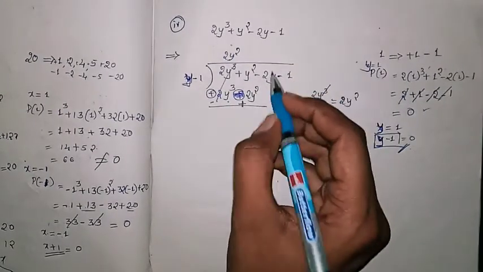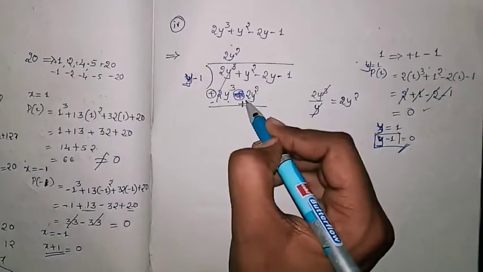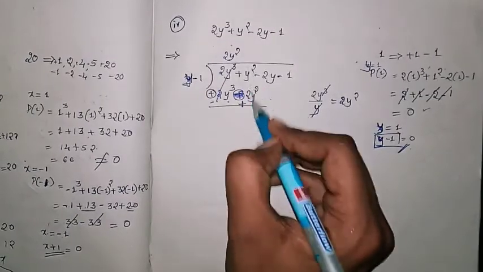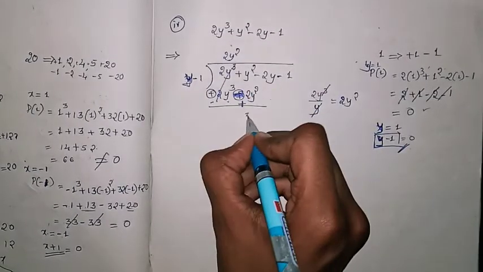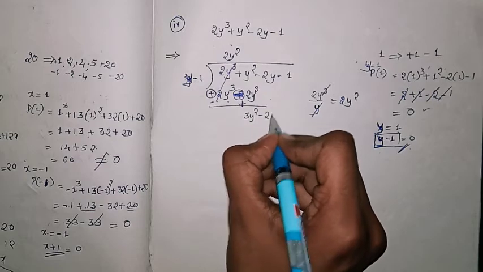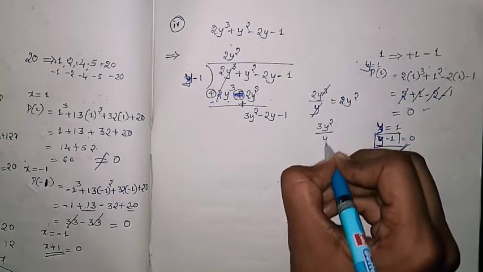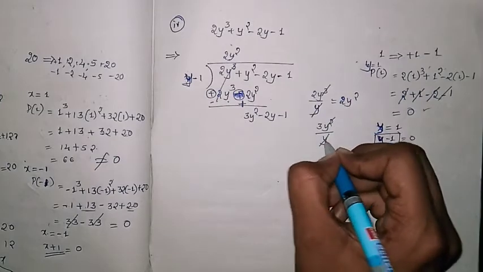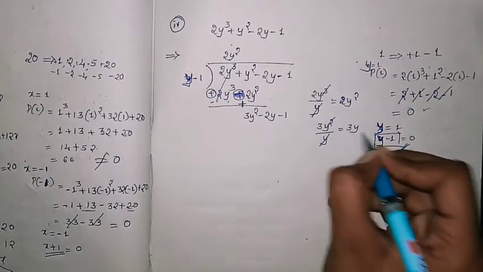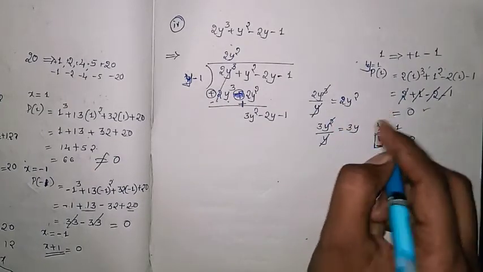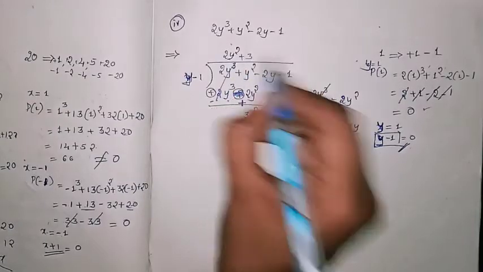It will get cancelled. Plus y square plus 2y square. So both the terms are plus, means 3y square minus 2y minus 1. Now 3y square divided by y. Y in y square, y gets cancelled, remaining is 3y. Observe the sign, as it is positive, so it is positive.